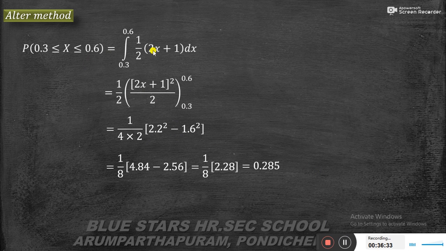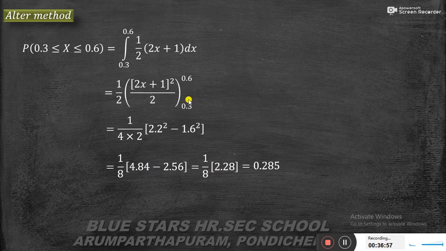The integration of 2x plus 1 is 2x plus 1 whole square by 2, and since the coefficient of x is 2, another 2 comes in the denominator, so 2 into 2 is 4. Then 4 comes in the denominator with the other 2, and 2 fours are 8, therefore 1 by 8.